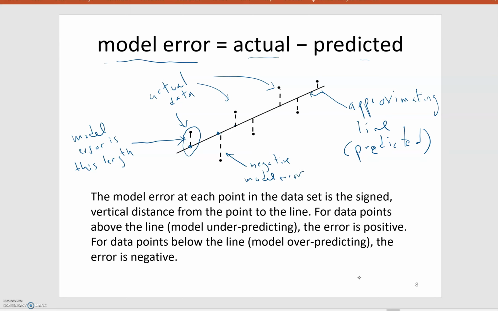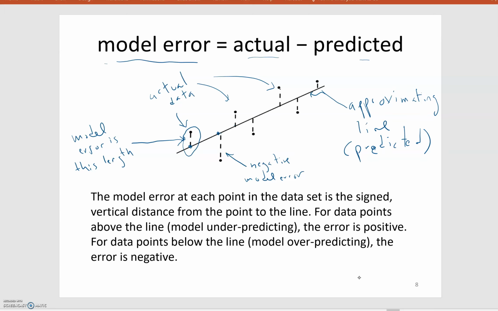The reason why is because the actual value is smaller than the predicted value. Since our formula is actual minus predicted, if actual is smaller than predicted, then this would be negative.